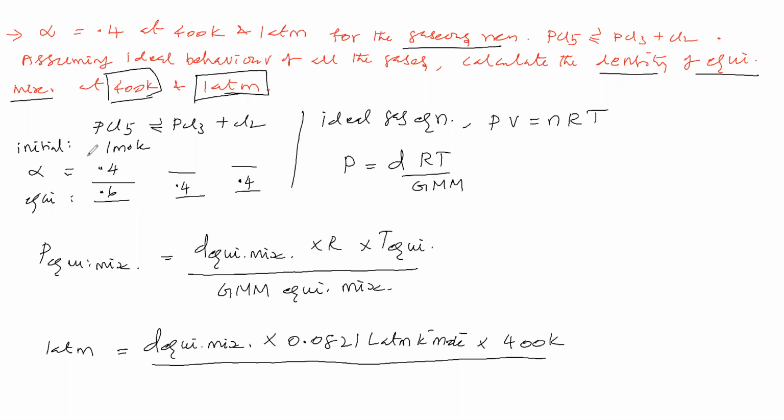Here we have taken 1 mole of PCl5 initially. Do we know its mass? 1 mole of PCl5 mass we know, because phosphorus atomic mass is 31 and 5 chlorines are there, chlorine atomic mass 35.5.